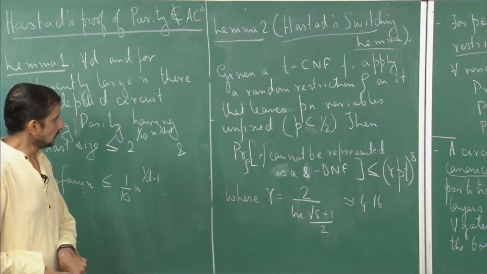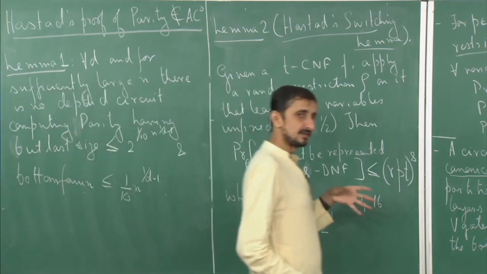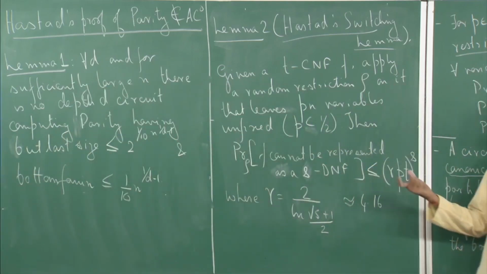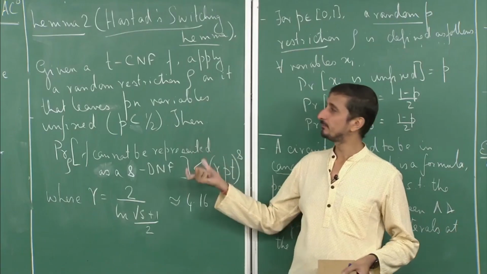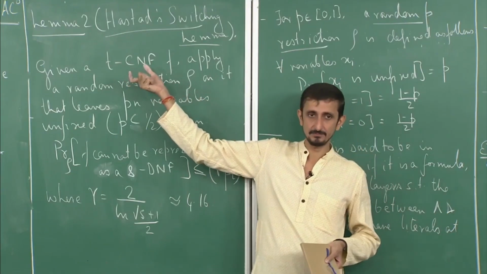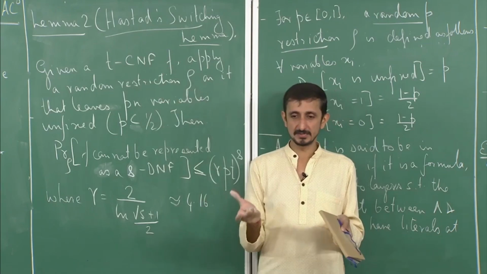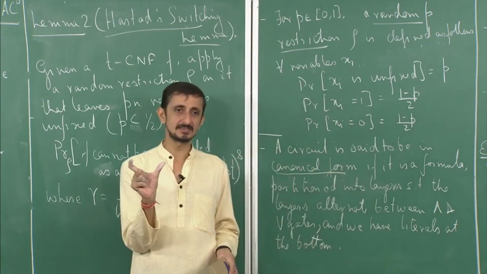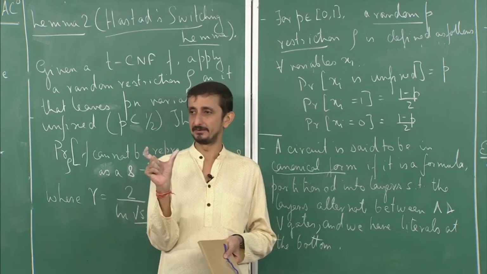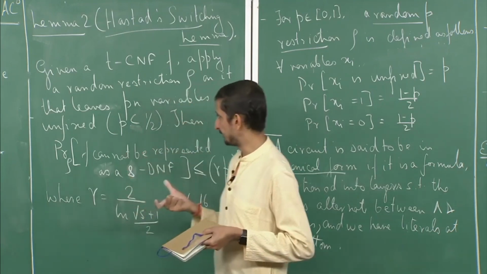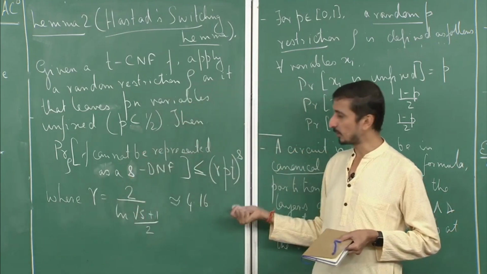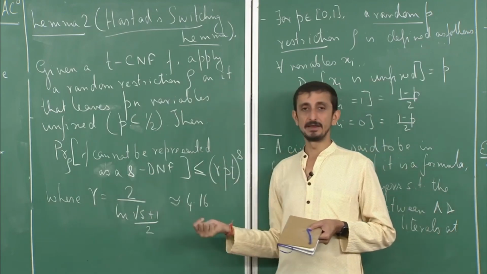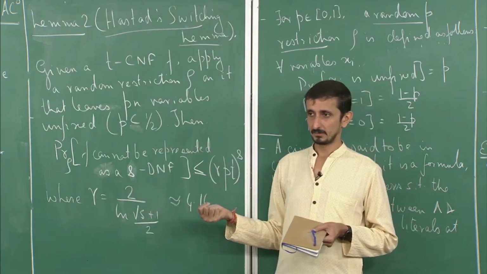Let us try to understand what this switching lemma is saying. If I have a function which is representable as a t-CNF, basically the function can be written in a CNF form where each clause has at most t literals, so it has a small representation, then with high probability it can be represented as an s-DNF.